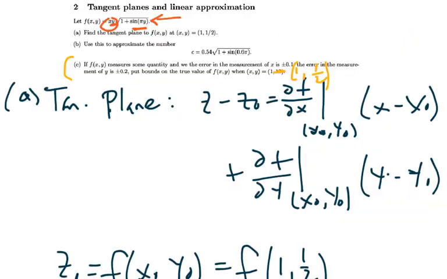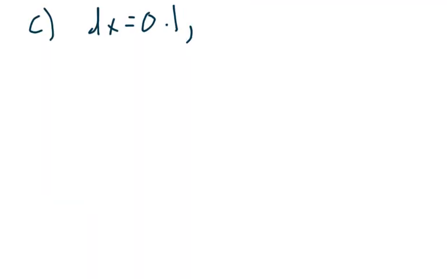So errors in the measurement of x means that dx is equal to 0.1, and dy is equal to 0.2.